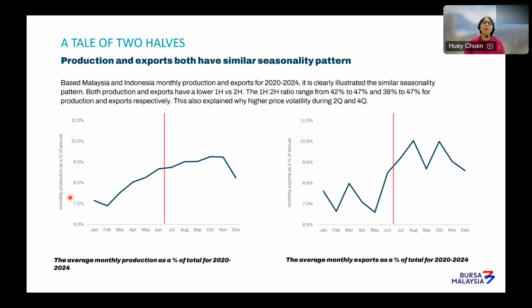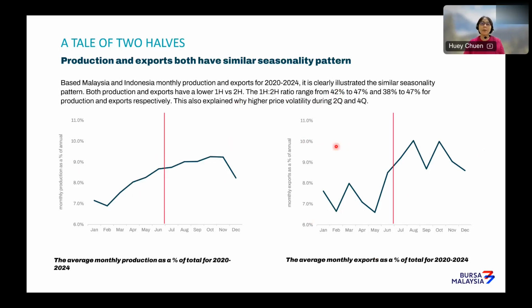You can see it's a usual trend that we have higher production in the second half. The production range is usually about 42 to 45, a pattern of 48% in the first half, but you have 52 to 55% in the second half in terms of production.